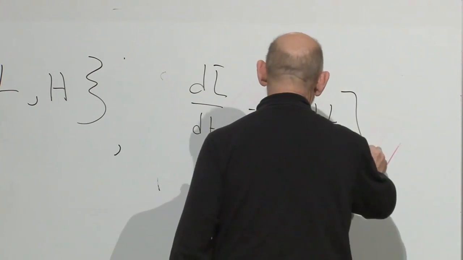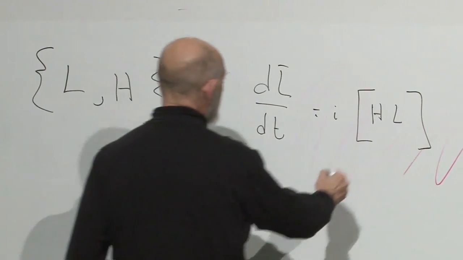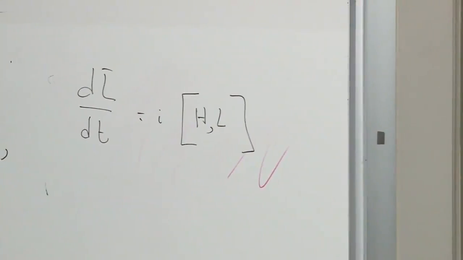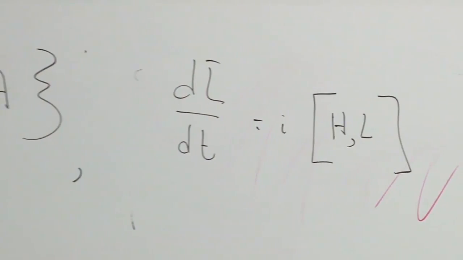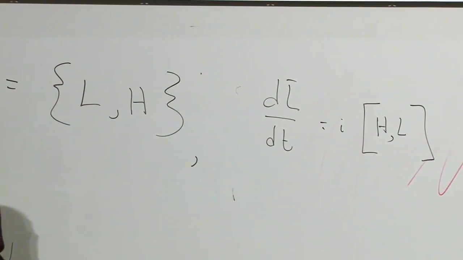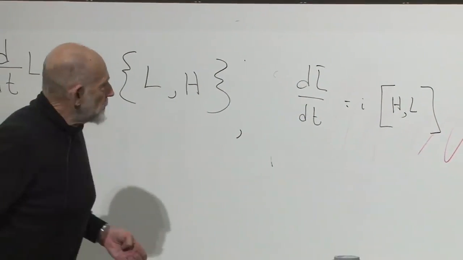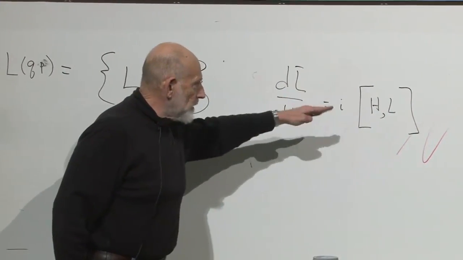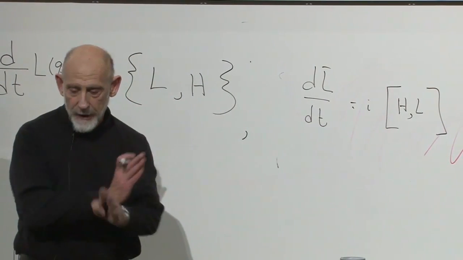Now incidentally, let's just point out one thing. Poisson brackets have the property that if you interchange the two expressions, the Poisson bracket just changes sign. So do commutators. HL minus LH, if you interchange the order of them, changes sign.